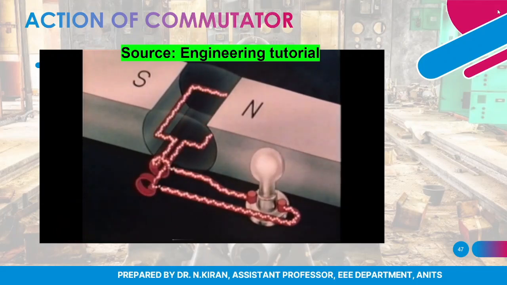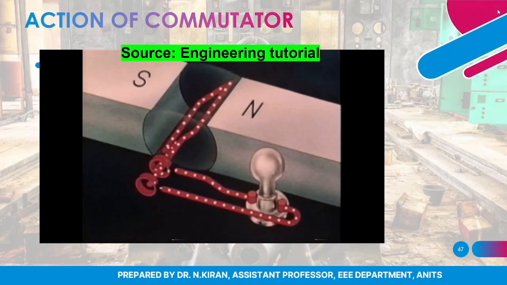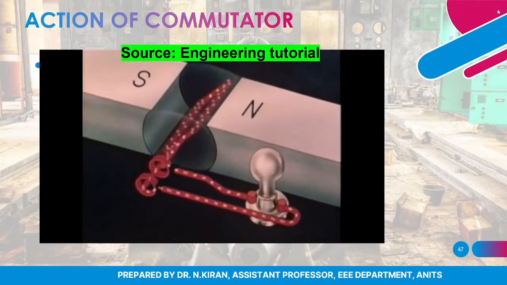Then, as the conductor continues its rotation at a constant speed, it cuts through fewer and fewer lines of flux, and less current is induced. Eventually, the conductor moves parallel to the field. At this point, no current flows because the conductor doesn't cut through any lines of flux. This occurs twice in each revolution.